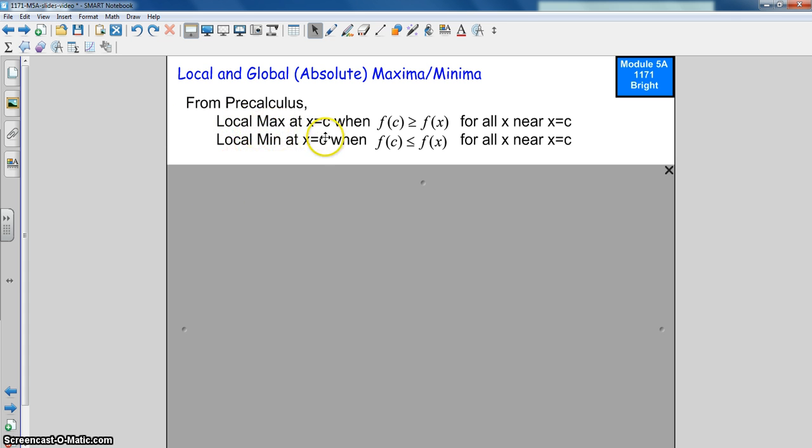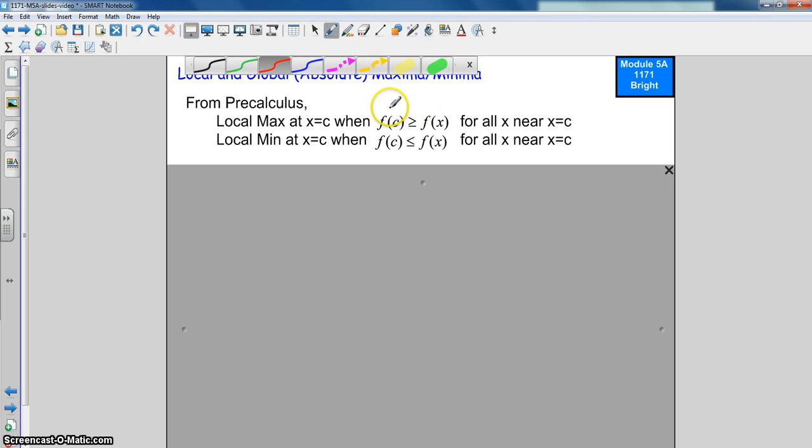So we say there's a local min or max at x is equal to c. It occurs at an x value, and the local max or min is actually a y value, as we see over here. A max is if we can determine a value such that it's higher than the rest.